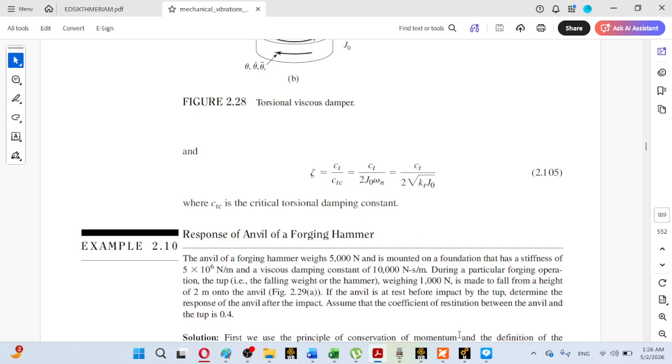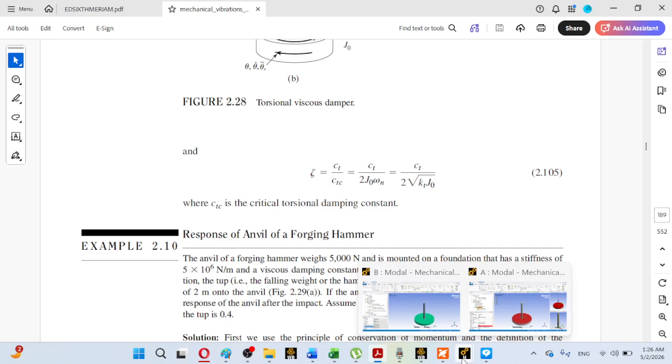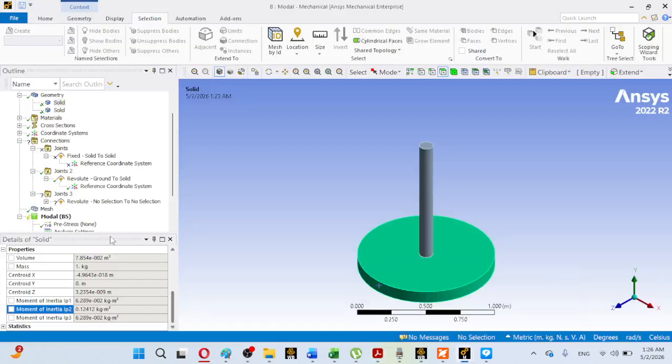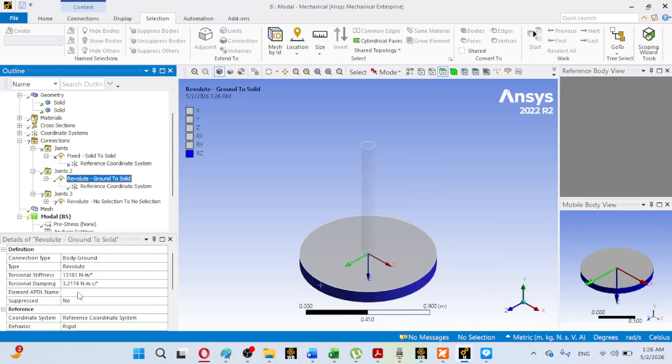So that value you will be using here. Here you can observe, I can show you in this revolute joint, that this is the value 3.2174 Newton meter second per degree. So this value will be used.